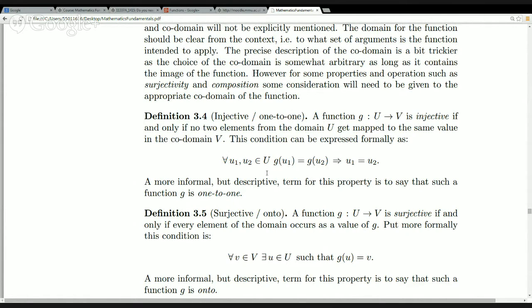We know what a function is, but this defines values f of x, which is an element of the codomain Y for each x in the domain X. So you've got these values f of x for each argument, little x, in the domain.